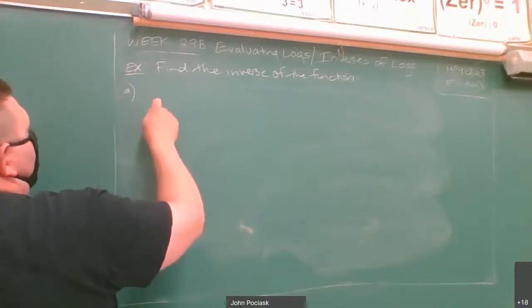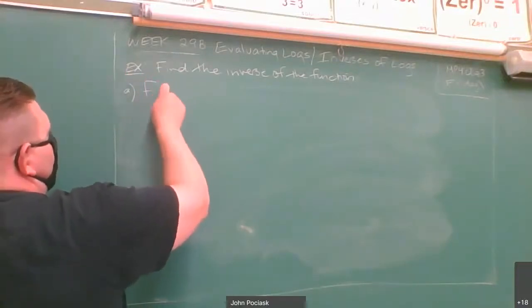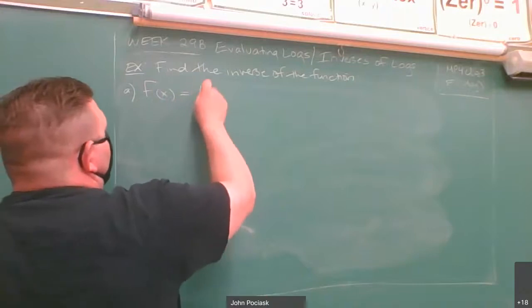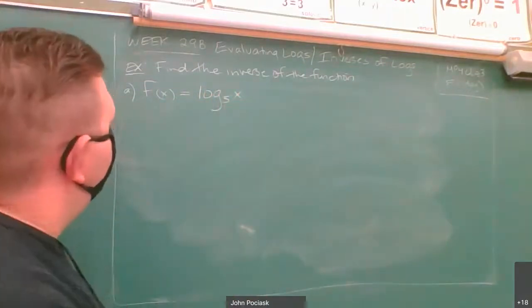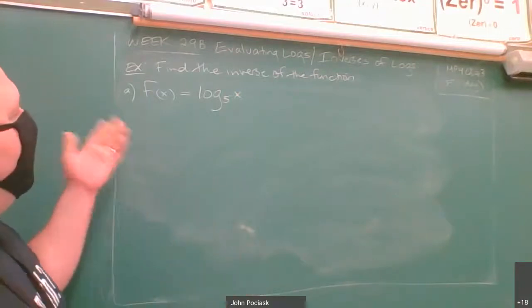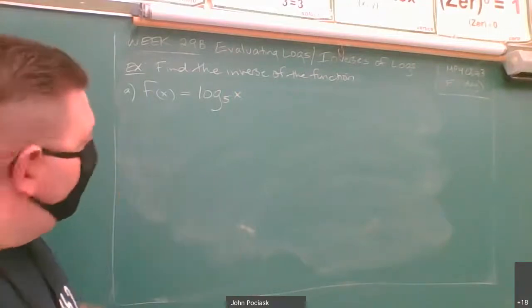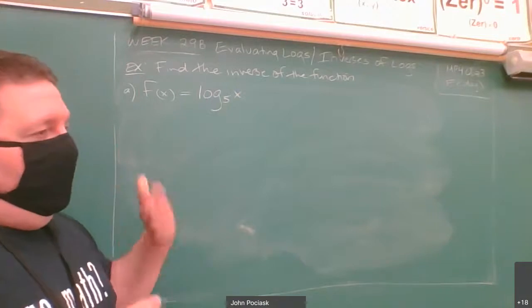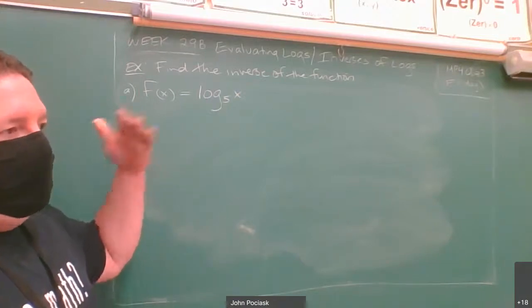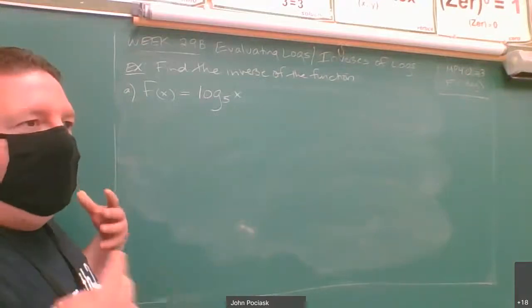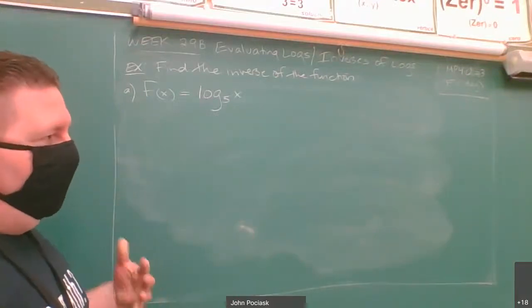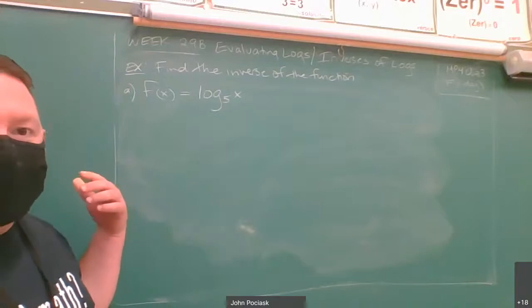And again, I'll start with something that we can do. Okay. So I'm going to do the log base 5 of x. Now, this is a parent function. There's nothing wild going on with it. Your reasoning can be the same as we talked about last time, right?